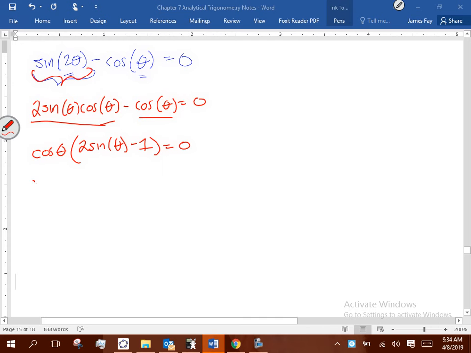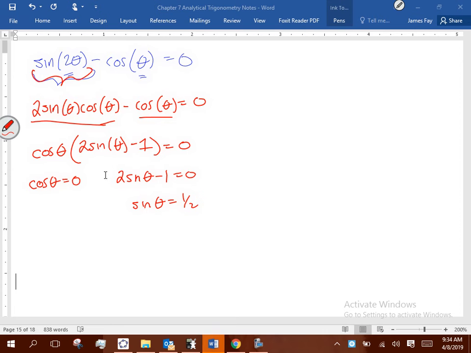Zero product property says cosine theta is equal to 0, or 2 sine theta minus 1 is equal to 0. Sine theta is a half. Cosine theta is 0. Where is cosine equal to 0? 90 and 270.